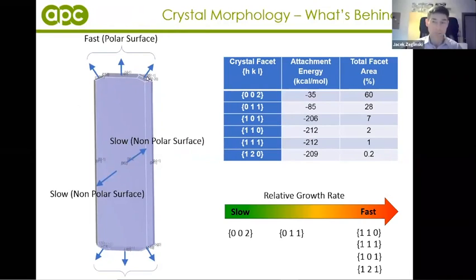And the higher the attachment energy, the more negative the attachment energy, the faster the growth perpendicular to that facet. So based on this, we can estimate what we can call an intrinsic propensity for crystal growth in particular directions. And this will also give us a theoretical aspect ratio of the particle.